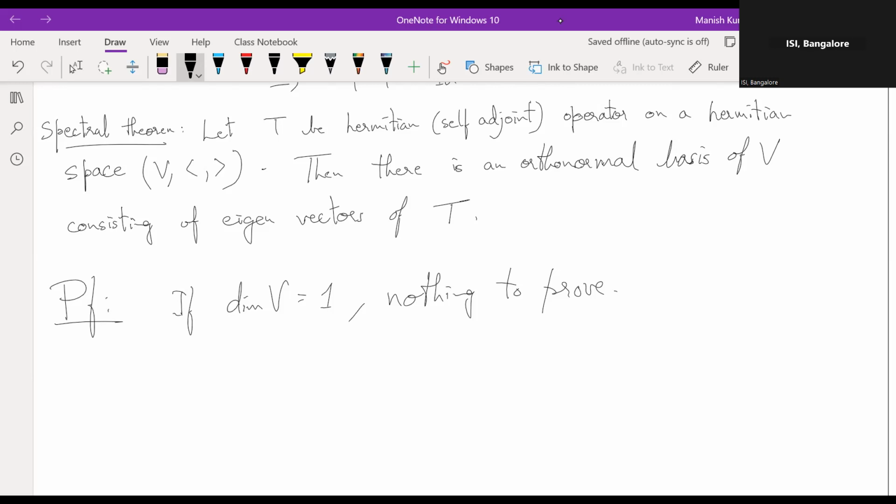So now, what you do is T is an operator on a complex vector space. So of course it has eigenvalues and eigenvectors. Yeah.